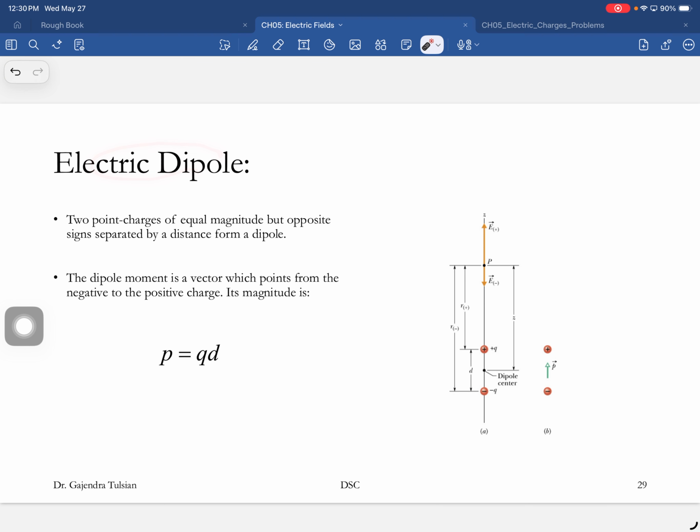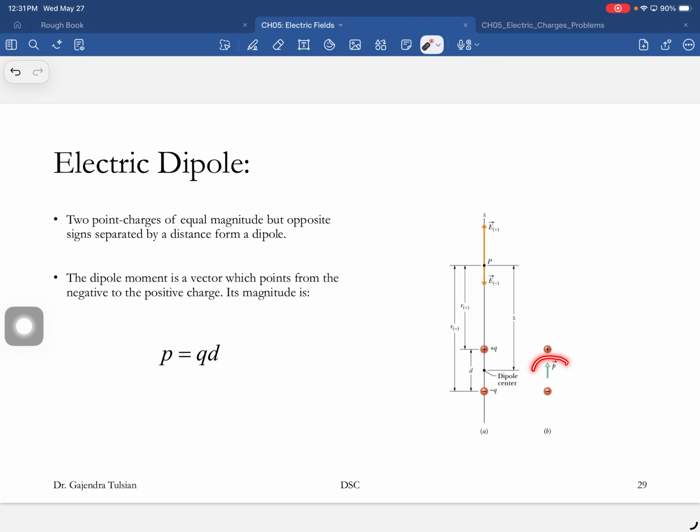An electric dipole is two equal and opposite charges separated by a distance. This is a very important thing. Life couldn't have evolved without it.